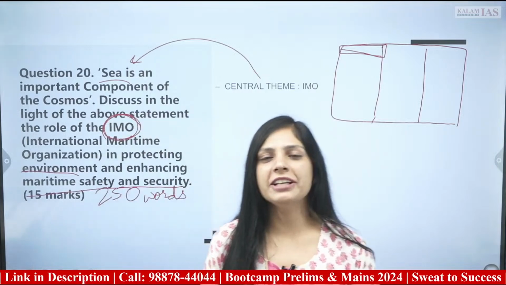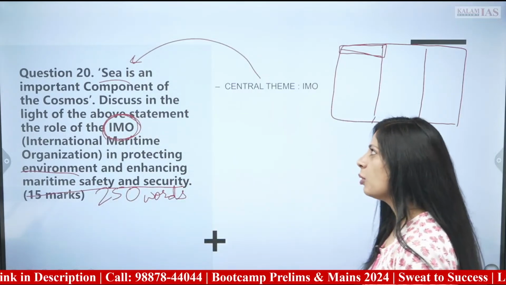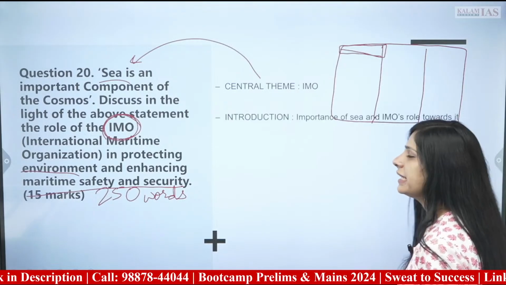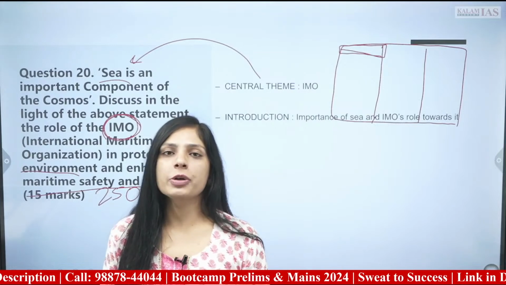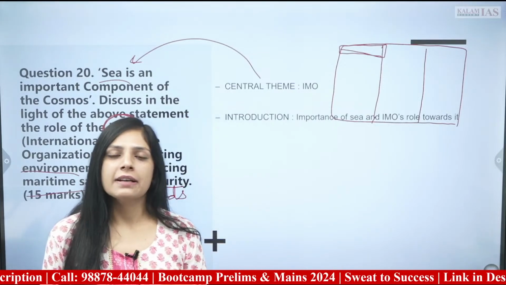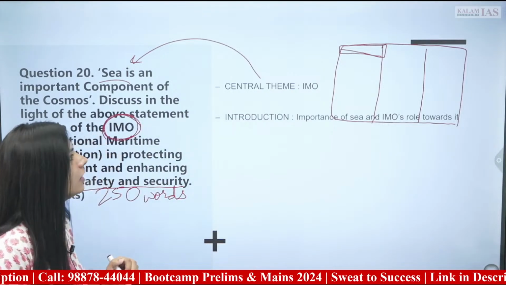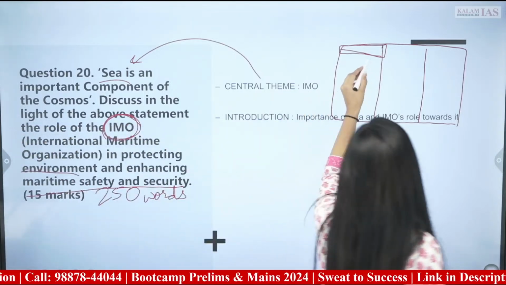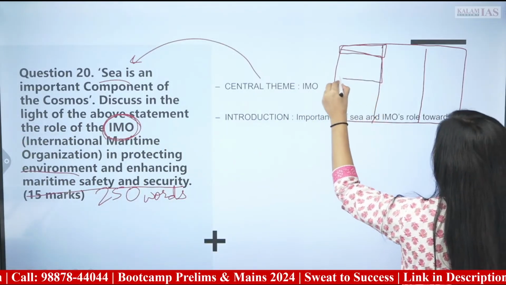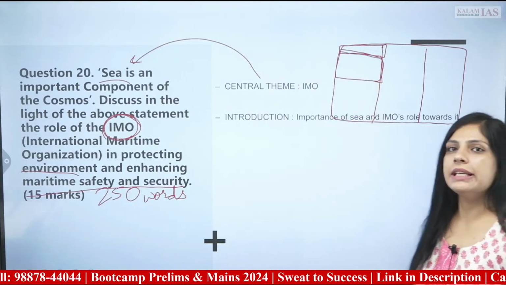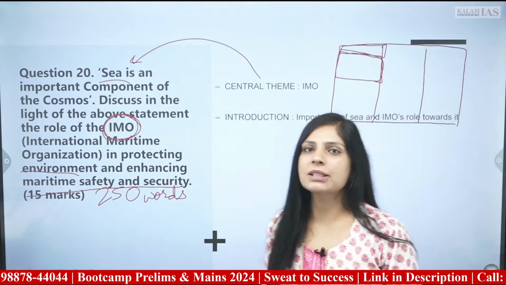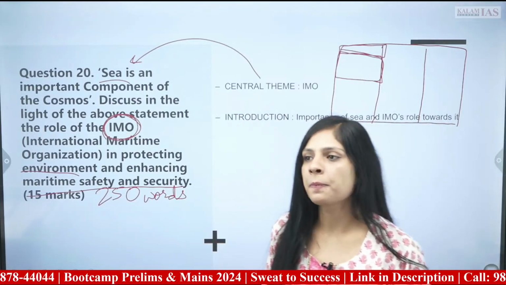So we would have an introduction which would combine both the importance of the sea and the role of IMO towards protecting the sea, right? So here we would write an introduction and also introduce a few facts about IMO in the introduction.